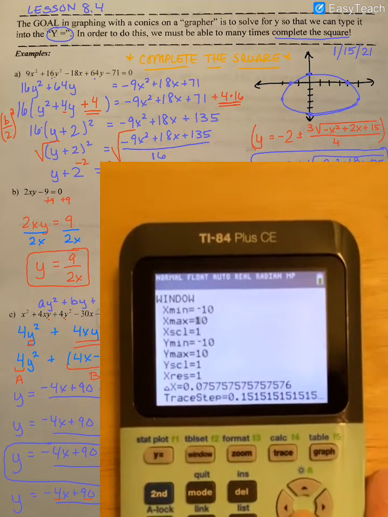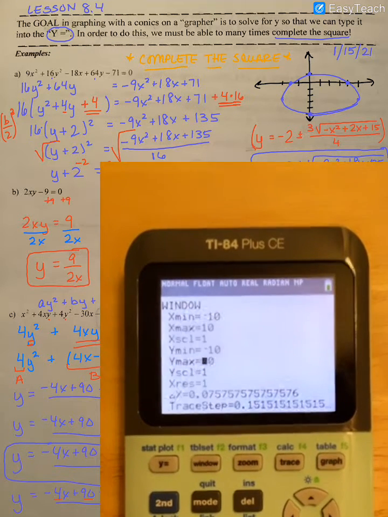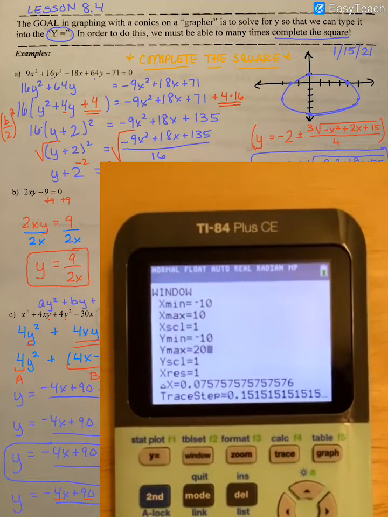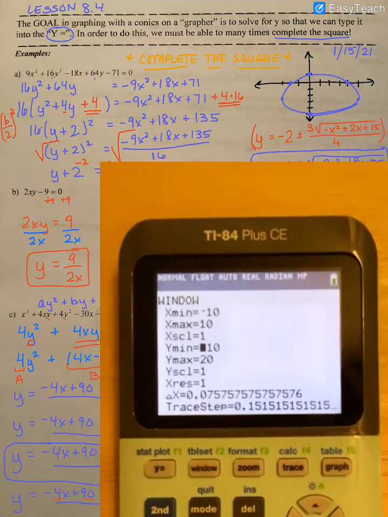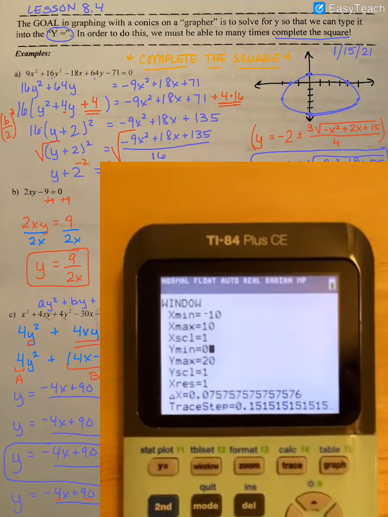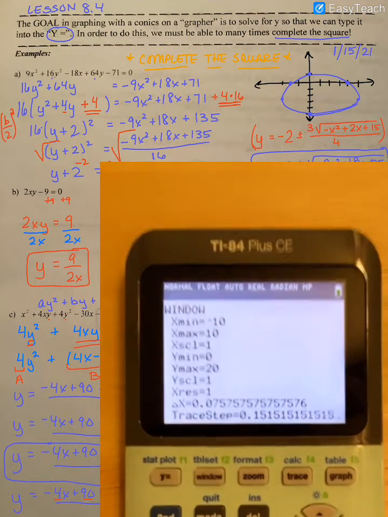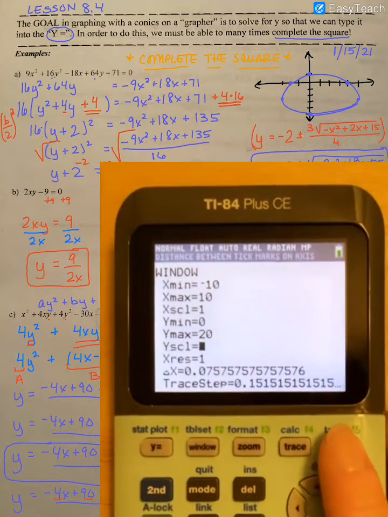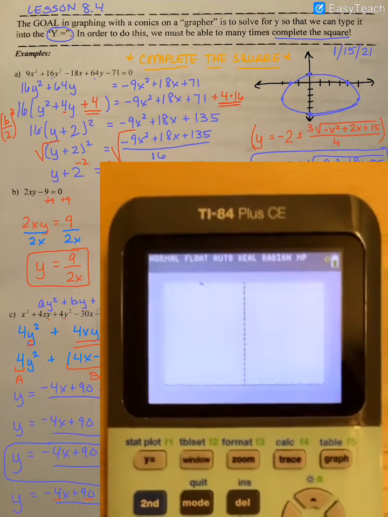I need my graph to go higher, which means I'm going to change my Y-max to 20. Your Y-min, you could actually go to 0 if you want a better view on your screen. So the changes I made were Y-min is 0, Y-max is 20. Let's graph this again.